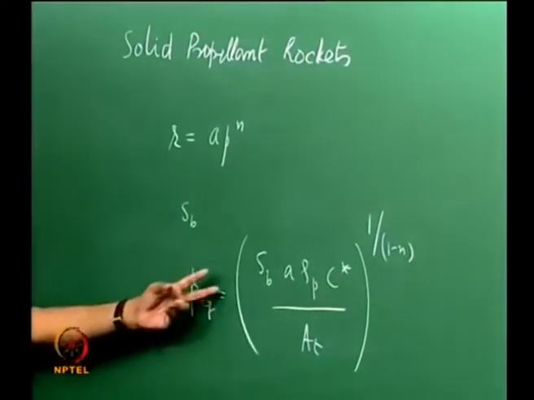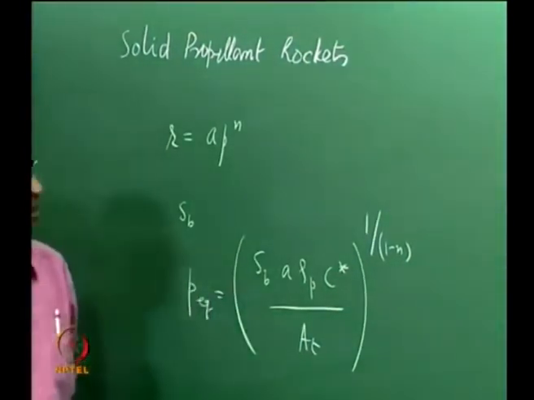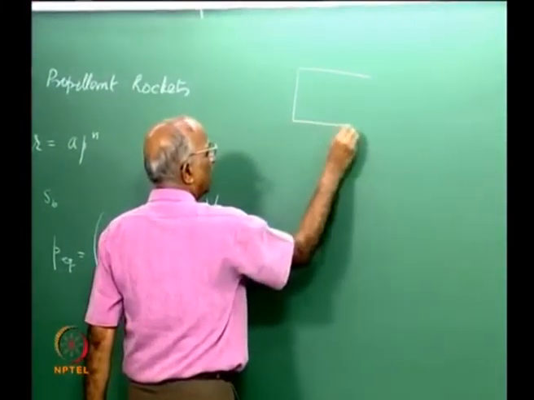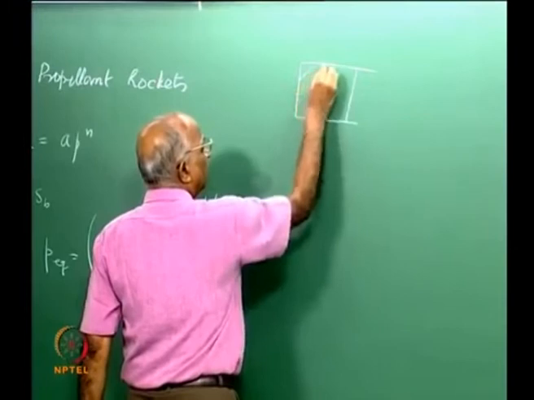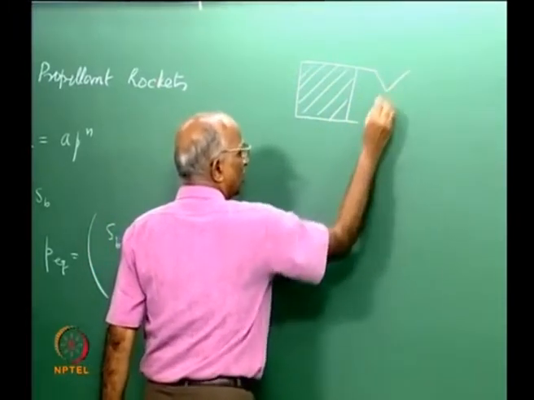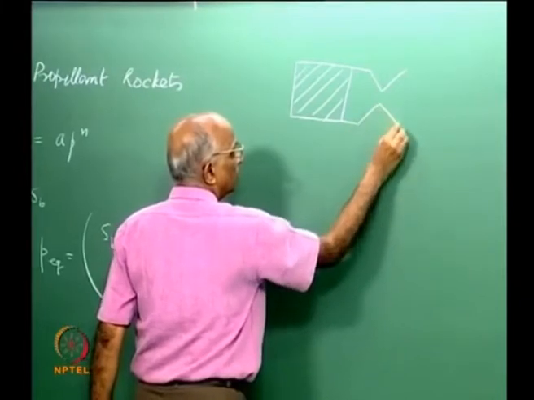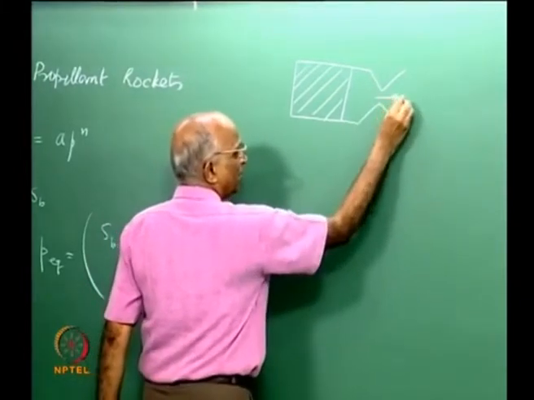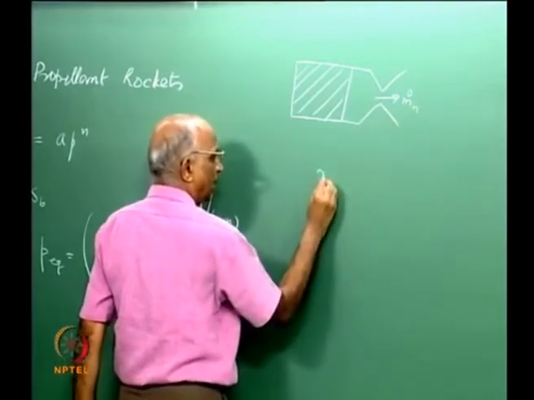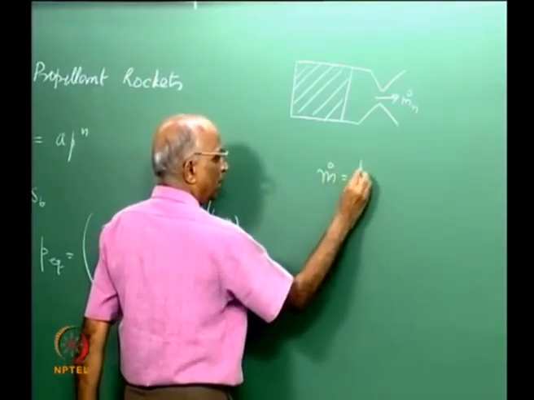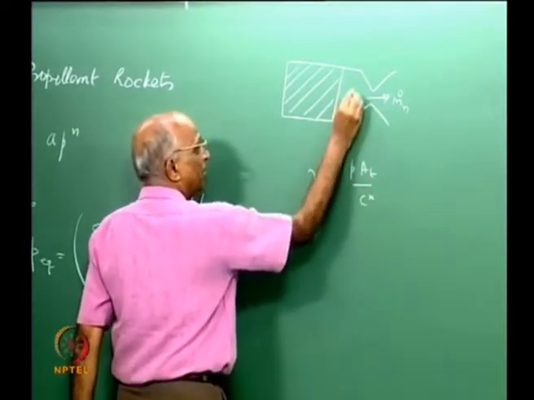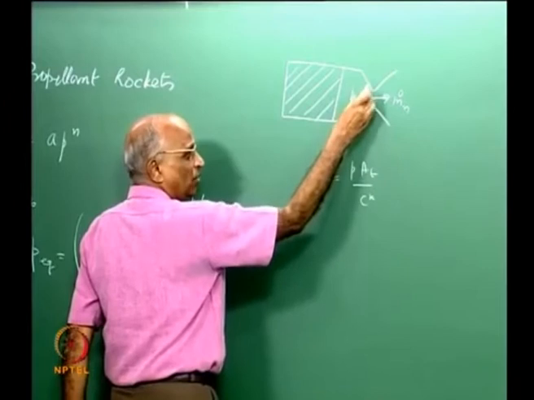How did this come? We considered a simple scheme wherein I had propellant enclosed in a case, with a nozzle here. The rate at which mass leaves through the nozzle, m dot n, can be written as P At divided by C star, where P is the pressure here, and it is always choked at the throat.